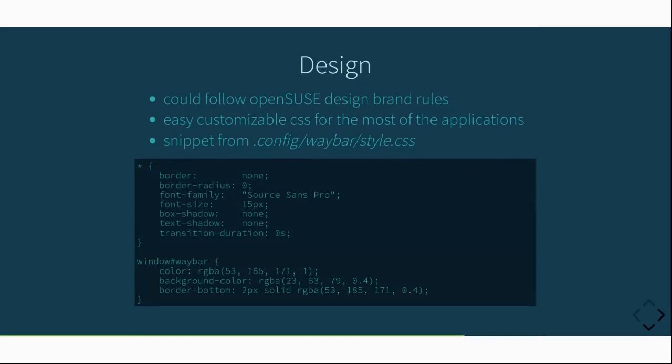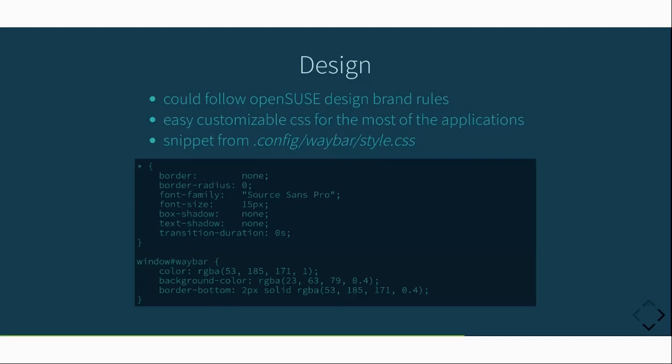Designs are really customizable. Most of the applications I like, Waybar, Sway, and Alacritty, are easily customizable with CSS styles, so we can make them look and feel how you want, and make it so that for a distro it looks like the openSUSE way out of the box.